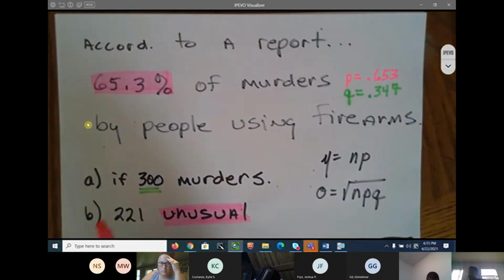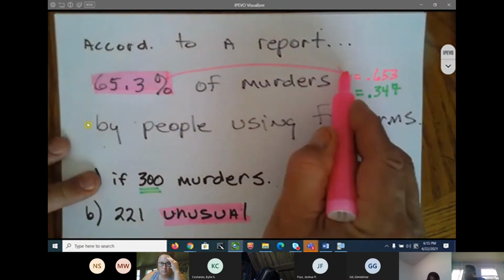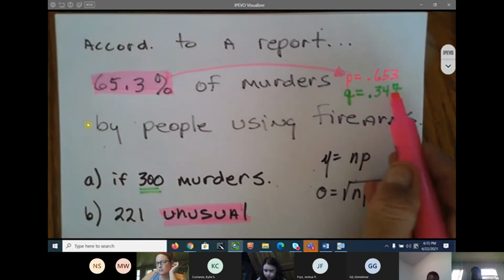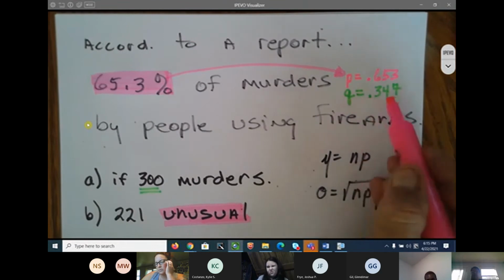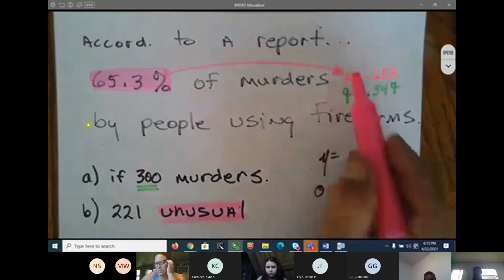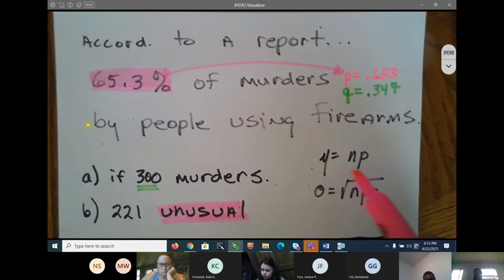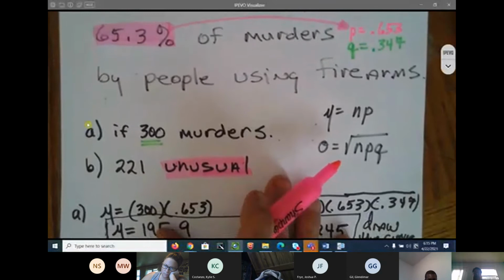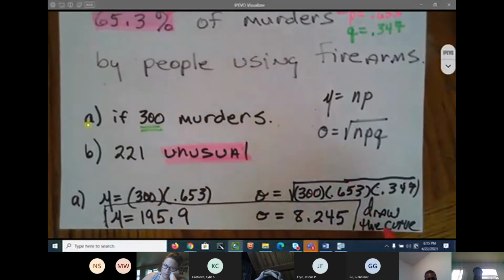P is given. And when you find P, what can you calculate? Q. And then once you have P and Q, you can do your formulas to find the mean and standard deviation. And what does mean and standard deviation mean? Draw the curve.